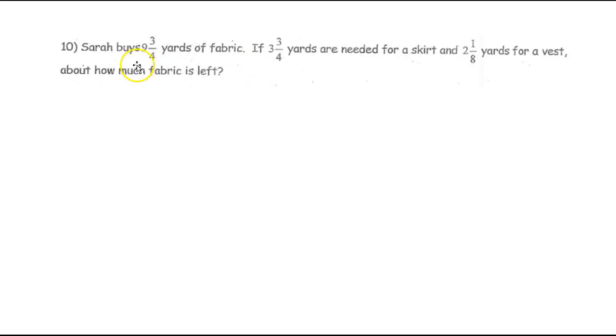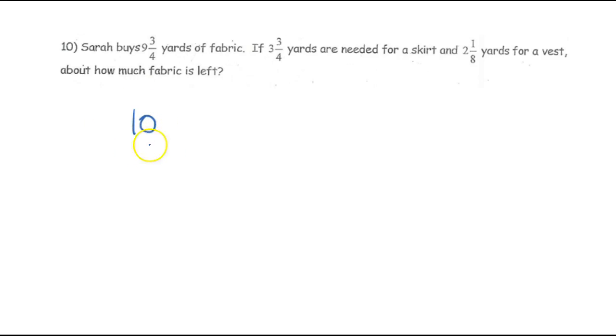Number 10. Sarah buys 9 3/4 yards of fabric. If 3 3/4 yards are needed for a skirt and 2 1/8 yards are needed for a vest, how much fabric does she have left? I sew and I always use estimation to estimate yardage. So 9 3/4, 3/4 is bigger than 1/2, so I'm going to round this up to 10 yards of fabric.